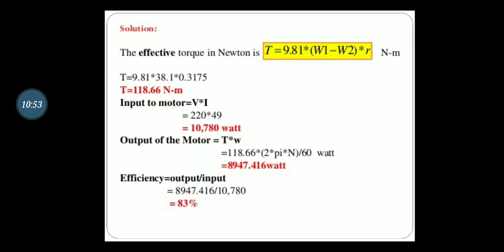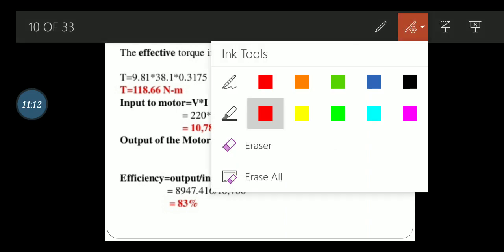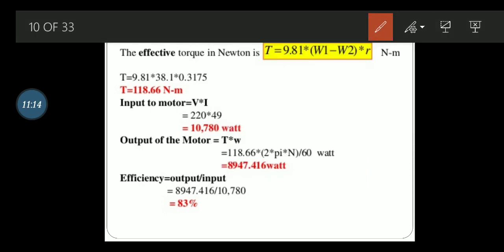Now first we have to calculate the effective torque in newton meters. Torque can be calculated using the formula T = 9.81 (W1 − W2) R. Substituting the values of W1, W2 and R, the torque of the motor is 118.66 Newton meter.